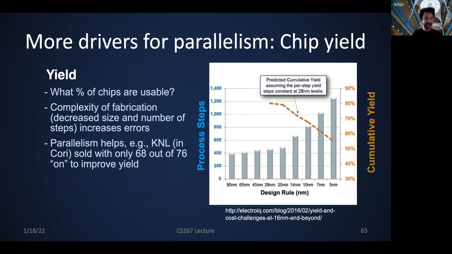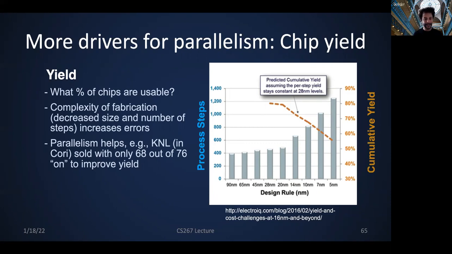The other yield for parallelism is that chip manufacturers figured out that there are a lot of defects, and they had to throw away a lot of processors that they built. So if they have a lot of cores in a single processor, they can build it with the optimum goal that they can say to the manufacturers, give us 76 cores.